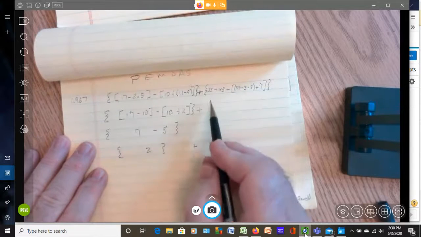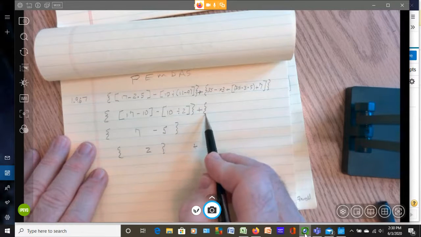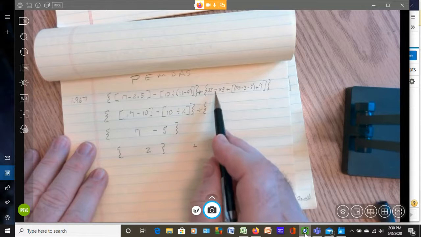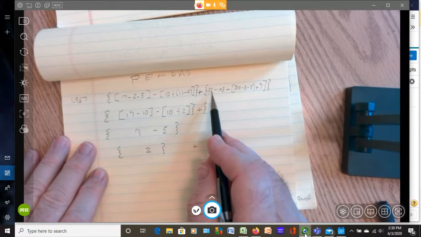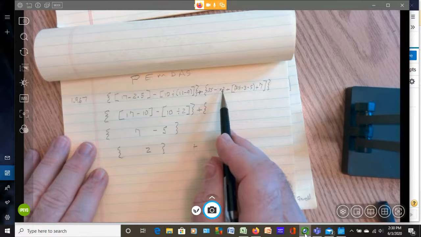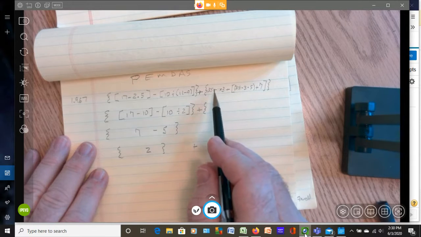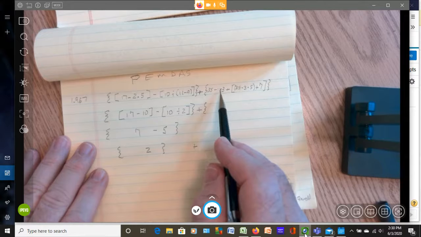Okay, now let's work our way through this side over here. Again, this is not 35 minus 11, which would be 24, times 3. This is 35 minus, and do this multiplication first.